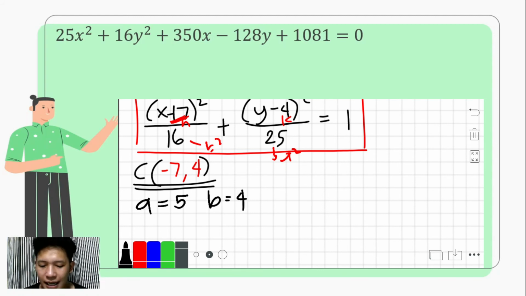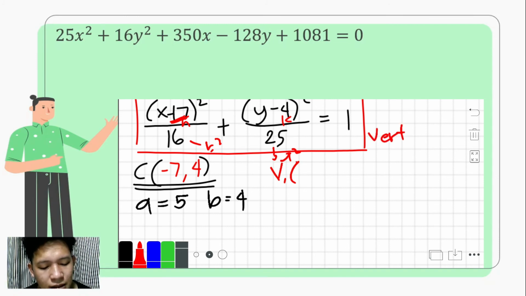Okay? And for us to get the coordinates of the vertices, that is actually what? Since 25 is under y, then our ellipse would be vertical. So if vertical, what we will move from the center is its y coordinate or k. So that would be h, k plus or minus a.